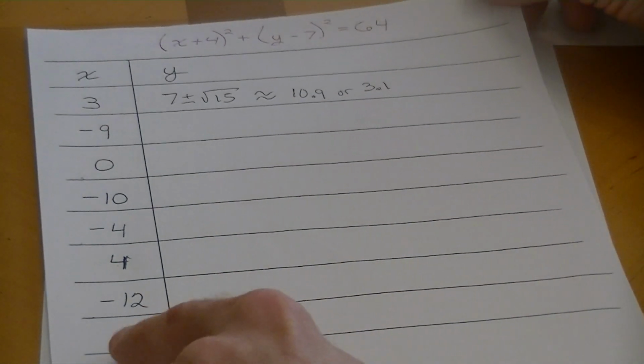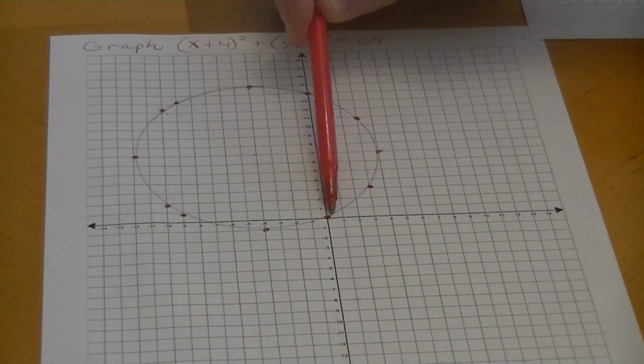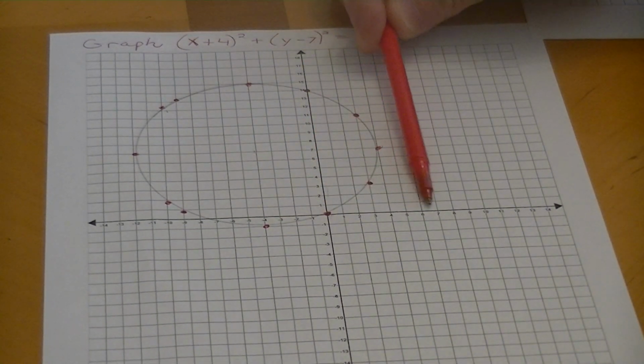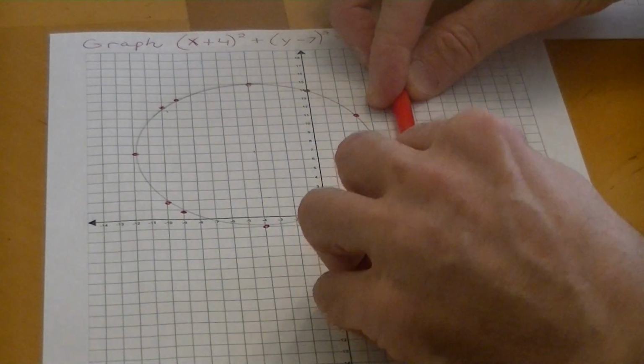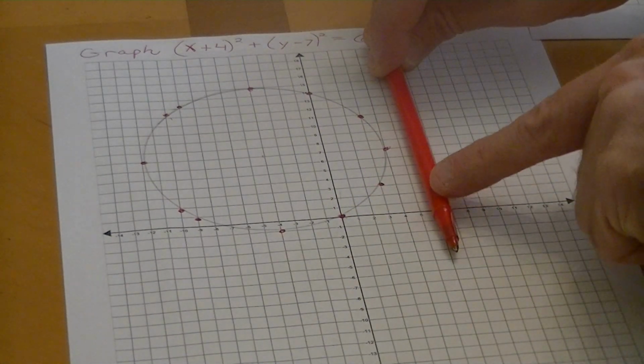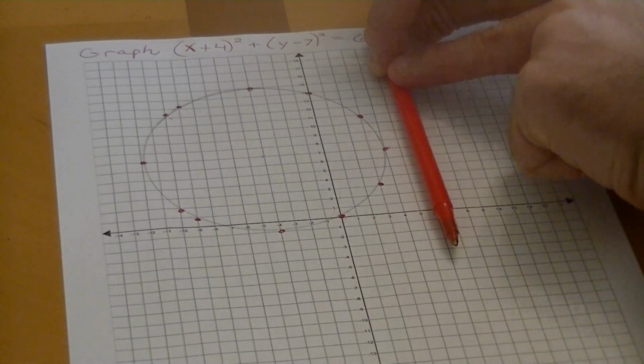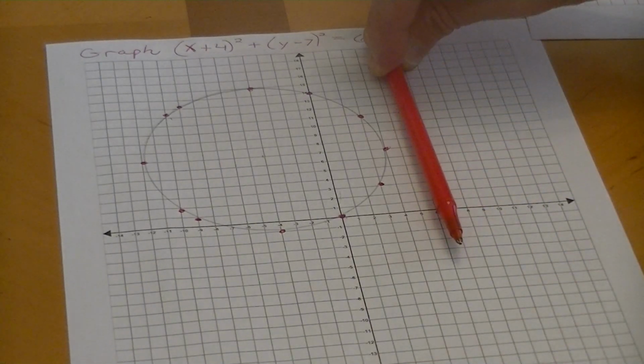And the reason that you got a non-real answer when x was 6 is, look at this equation. When x is 6, which is here, I'll put my red pen on x is 6. Where is the circle? What y value would we expect when x is 6? And the answer is there really isn't a y value on the circle when x is 6. That's why you got an answer that was not real.